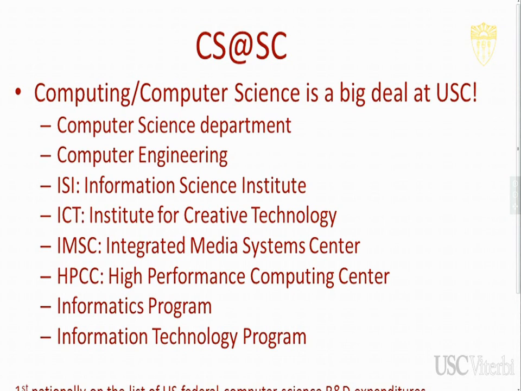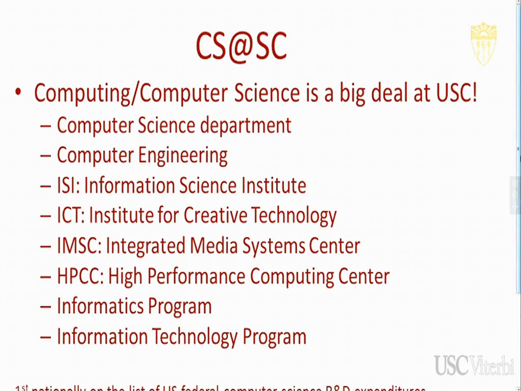So I'd like to begin by saying that computer science is a huge, big deal at USC. It's a family, a constellation of entities on campus that make up the computing enterprise at USC. At the core of this enterprise is the computer science department itself. We also have a division of computer engineering, which is within the electrical engineering department.